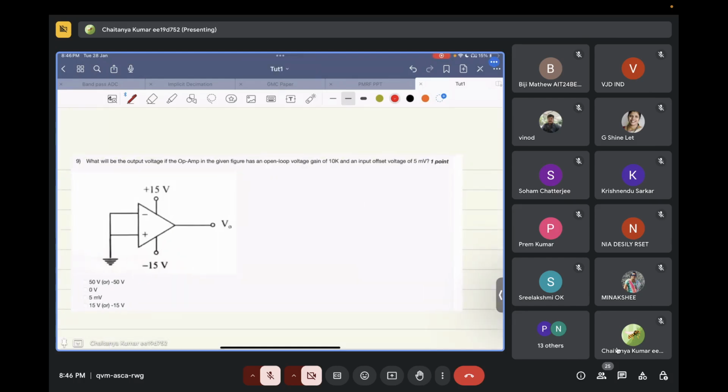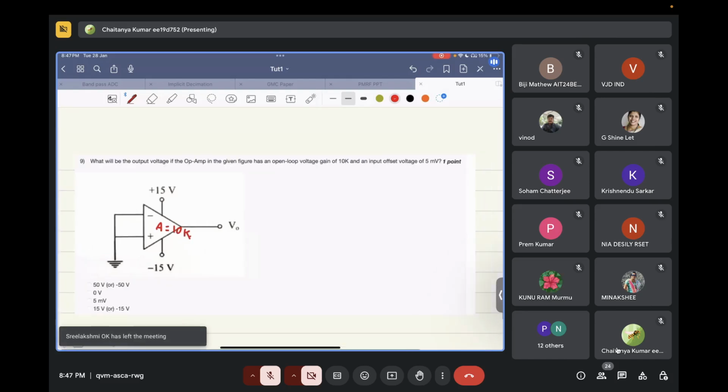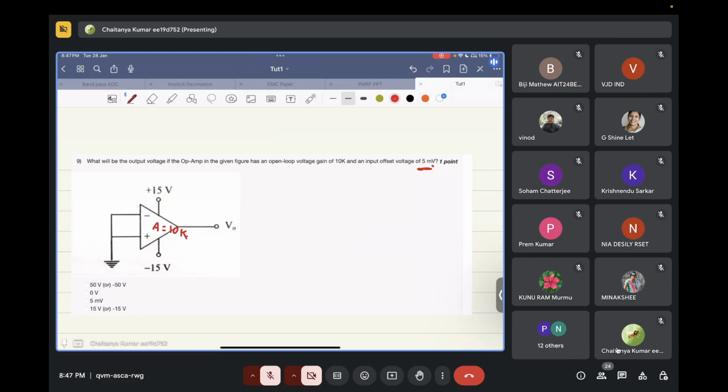Now, what the ninth question asks is: both the plus and minus terminal of the op amp are connected to each other, and the gain of the op amp is given as 10K, and there is an offset of 5 millivolt at the input of the op amp.